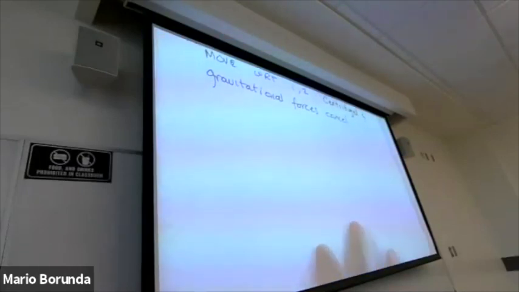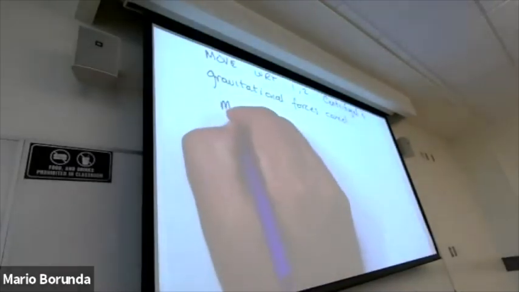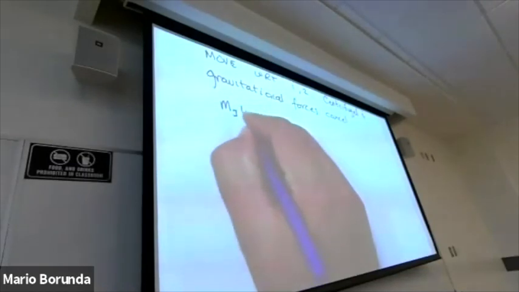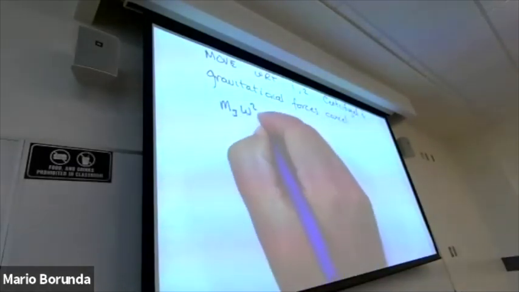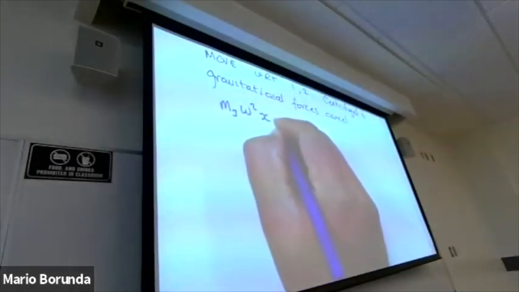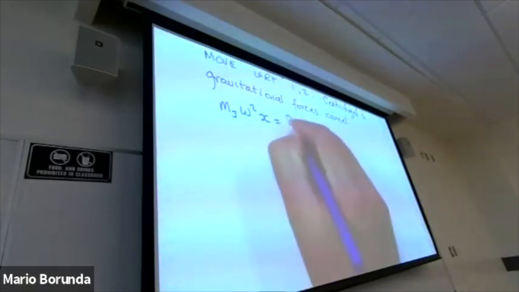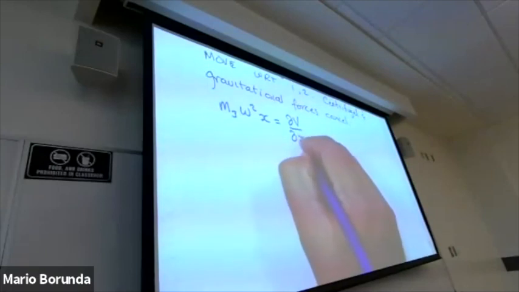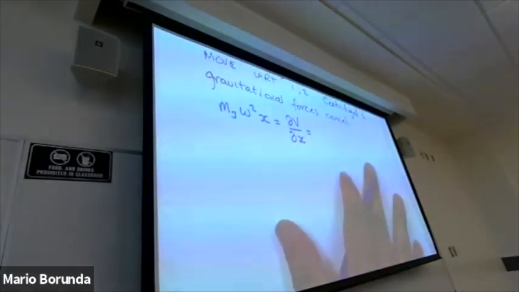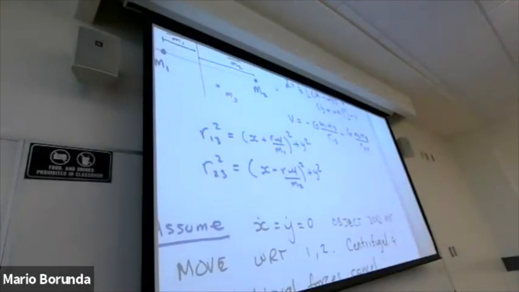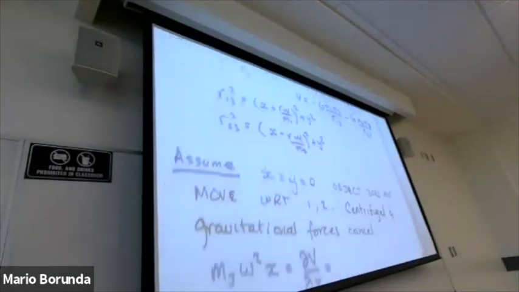Well, we're solving equations like this: mass of object 3, the frequency of rotation, the position x is equal to this dV/dx, which is equal to, remember that our potential is up here, right? The one right there.